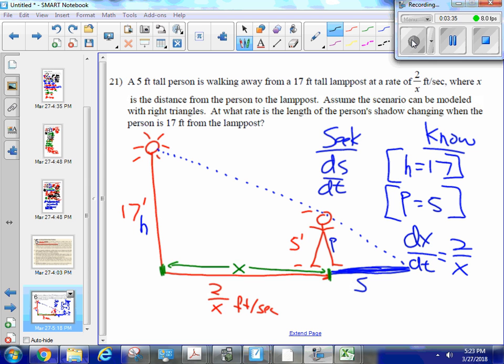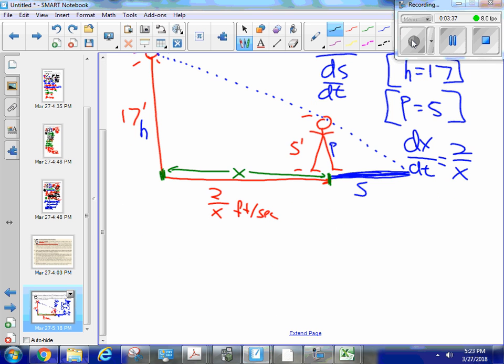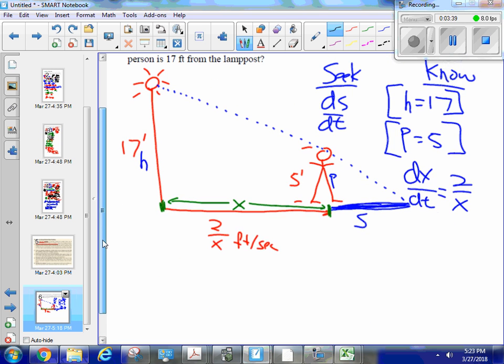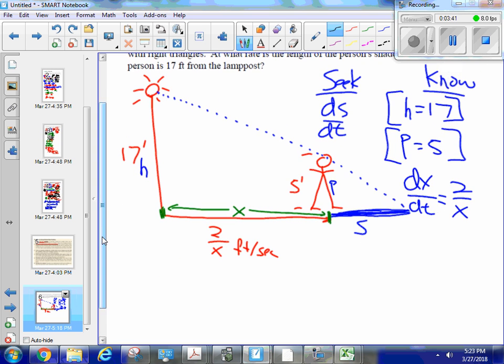Now, can I develop a mathematical model relating these variables, what I seek and what I know? So I know the rate of change of x right here, and I'm seeking the rate of change of s. Well, I do have these two similar triangles.